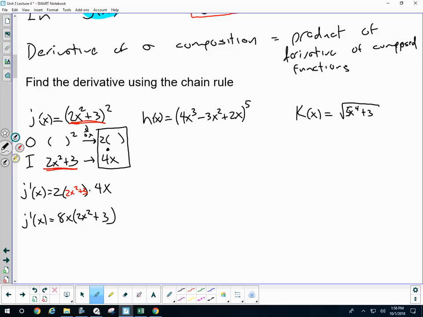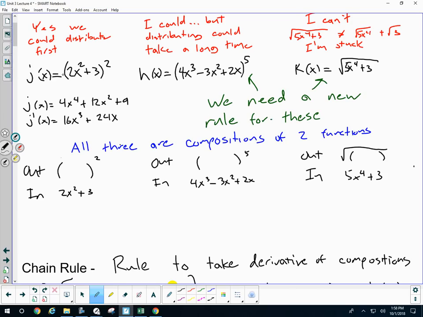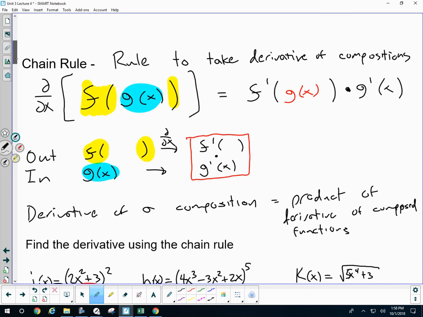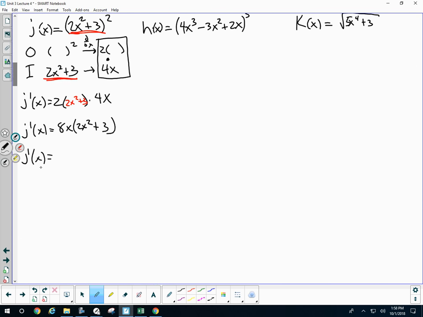But just for demonstration purposes, and this is only for demonstration purposes because we already found the derivative of J by distributing and then taking the derivative, we get 16x cubed plus 24x after I squared things. Well, if I distributed the 8x, I'd get 16x cubed plus 24x, which is exactly what I saw. So here is an alternate approach to finding the derivative of J without having to distribute.